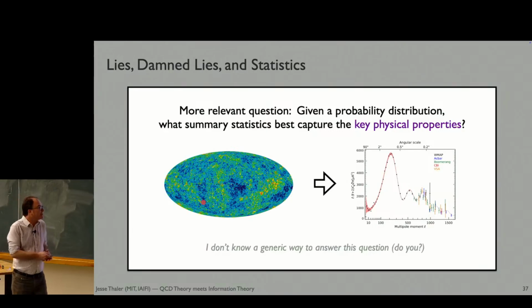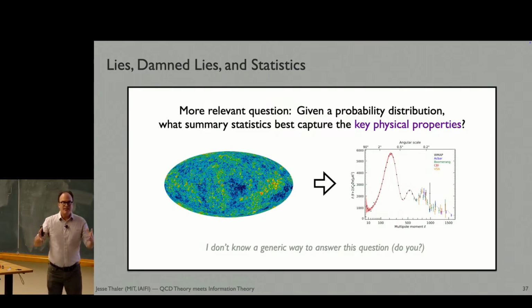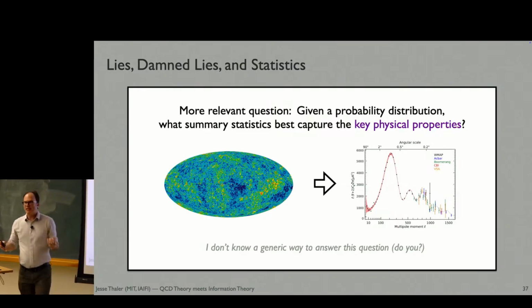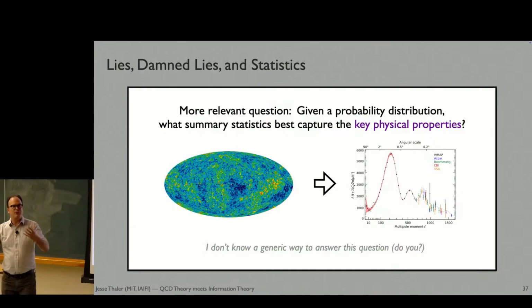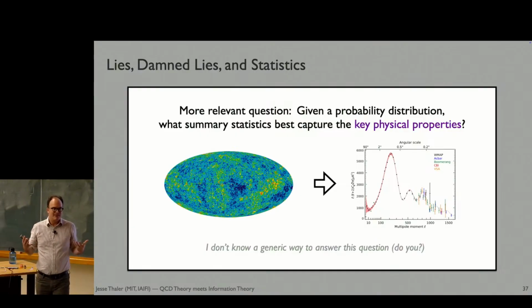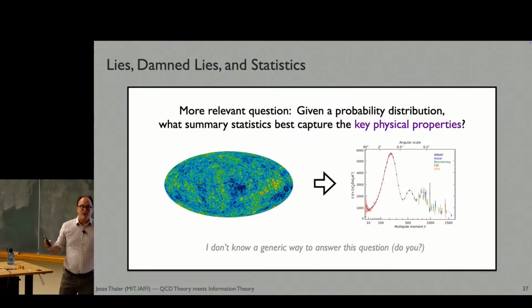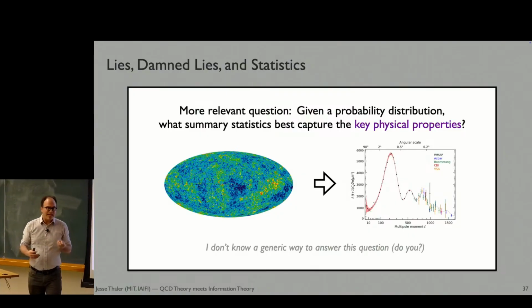But more generally, I don't know a generic way of answering this question: given data, what are the summary statistics that I can use to capture the key physical parts of that data? To my knowledge, this requires just domain expertise to figure out what the right thing to do is. And so the story that I'm telling you here about using moment constraints is an opening for us to use our theoretical understanding to say, well, which moments do I want to use?